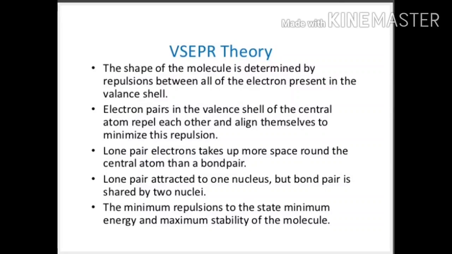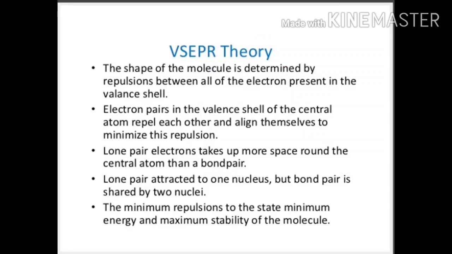Next, lone pair electrons take up more space around the central atom than a bonded pair. The lone pair is attracted to only one nucleus, but the bonded pair is shared by two nuclei.